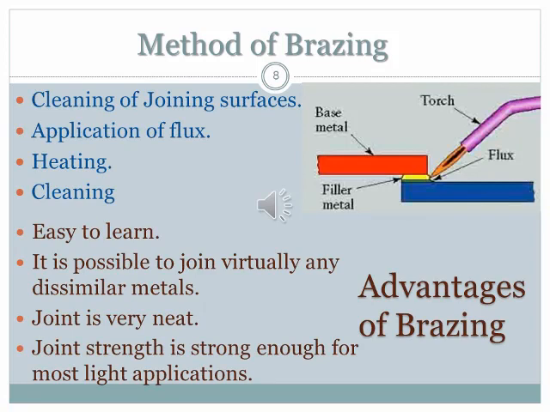Here we shall see the method of brazing. Just like the soldering process, brazing is also similar. First we have cleaning of the surfaces that are to be joined. Once the cleaning is done, the surface is free from all the dust, dirt, grease, oil. Then we apply the flux. So application of flux is the second part. Once that is done, then heating.